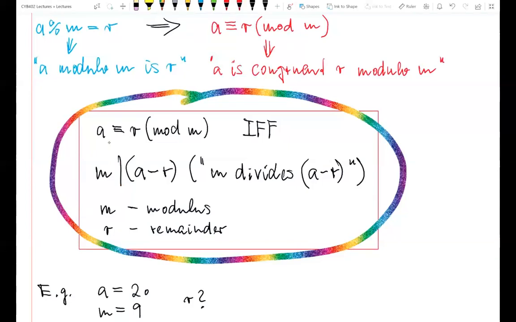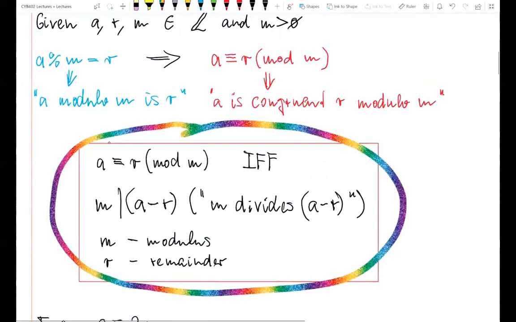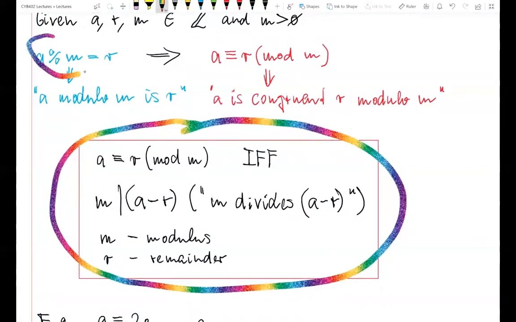It's another operator. So m divides a minus r. Think about it for a second. What's happening here? Originally we were dividing a by m, and that yielded a certain remainder.